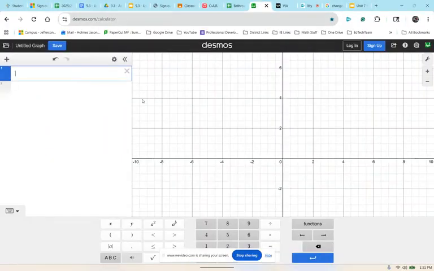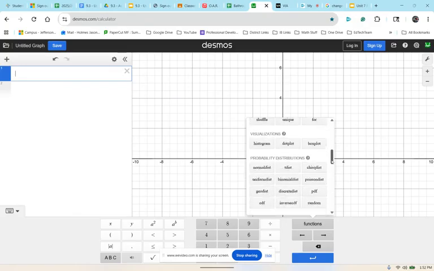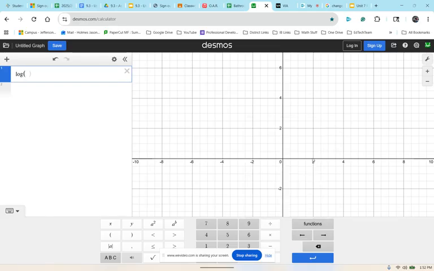Now I'm going to switch over to Desmos to help me out with this. So I'm on Desmos. And on Desmos, you can literally just type in log, and it'll allow you to do that. You can also find log on the functions menu by calculus. So here's calculus, here's the log. So I can do the log of 729.